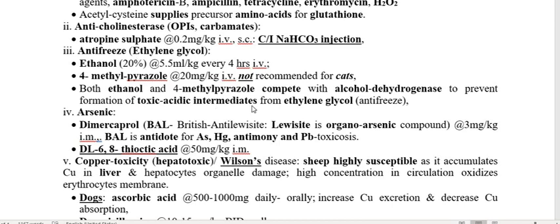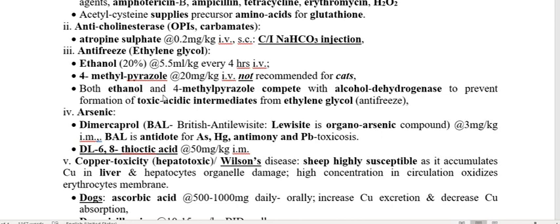What these two do is compete with the enzyme alcohol dehydrogenase and inhibit the formation of the toxic intermediate. What it means is that ethylene glycol, in the presence of the enzyme alcohol dehydrogenase found within the body, forms toxic acidic metabolites.